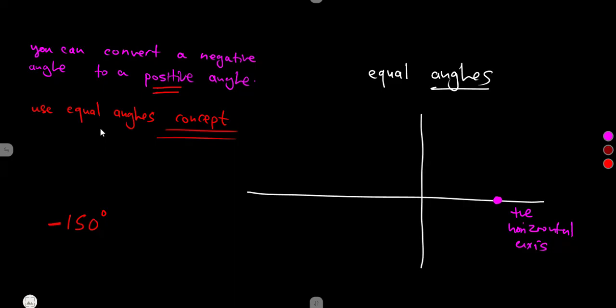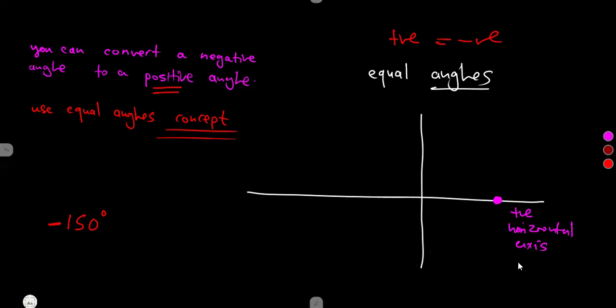It follows, from our concept of quadrants, that if one angle is positive, the other is negative for equal angles. One is positive, another is negative because of the direction. Let's consider minus 150. Definitely it's going to fall in this quadrant. Remember, it goes to minus 90 degrees, minus 180.